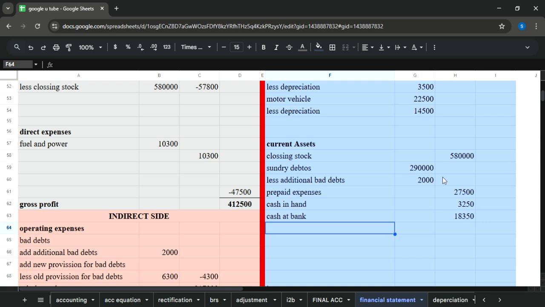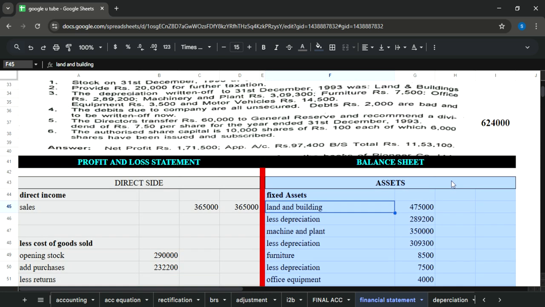In asset side, sundry debtors are supposed to be adjusted to 88. Alright, so let's start calculation regarding our asset side. First we have land and building less its depreciation. Then we have machinery less its depreciation.